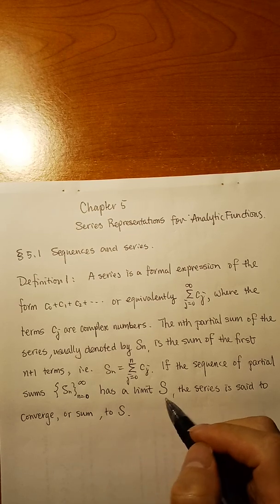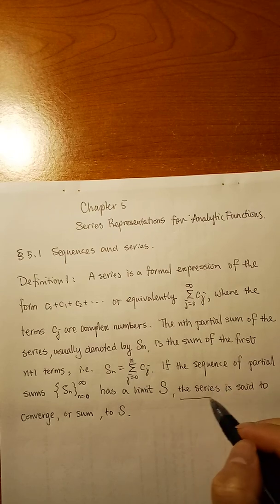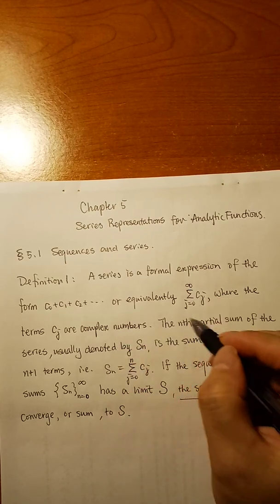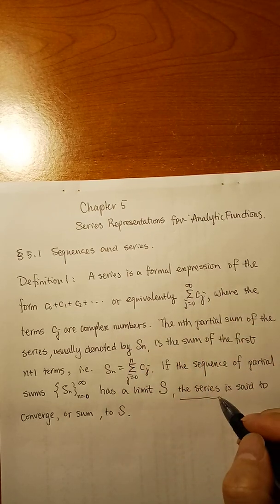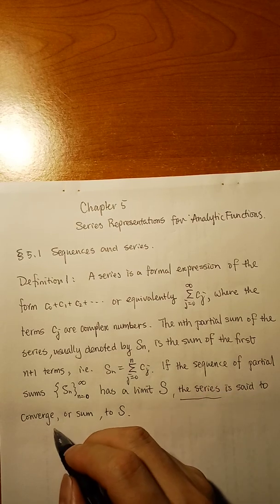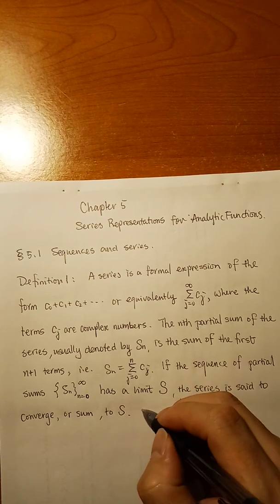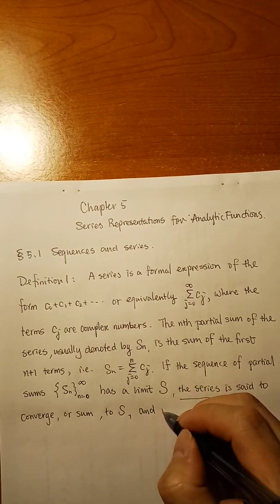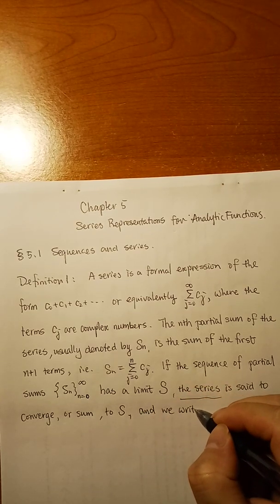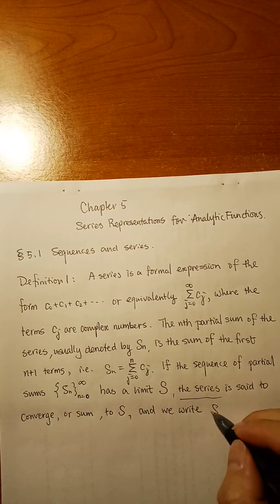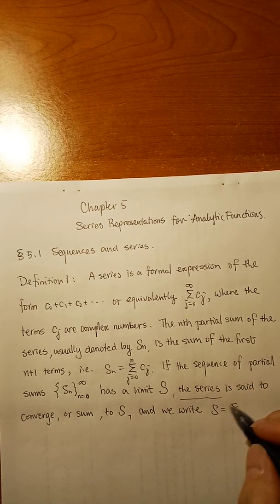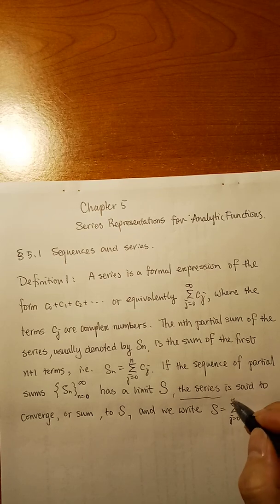If it has a limit, then we say the original series, in infinite sigma notation, converges to S or sums to S. And we write S equal to the series sum of Cj, j from 0 to infinity.